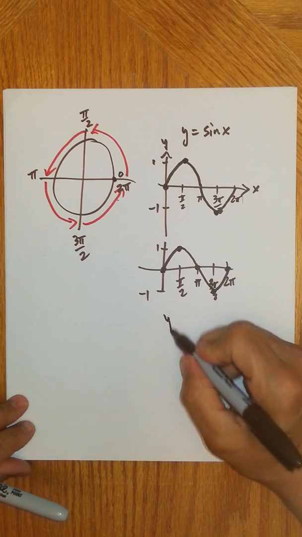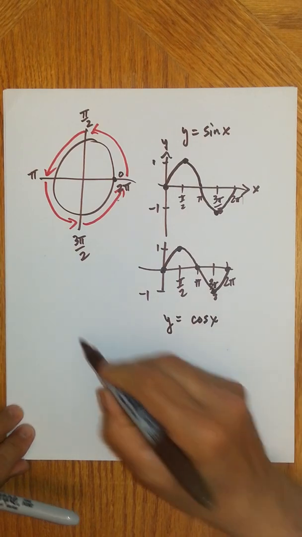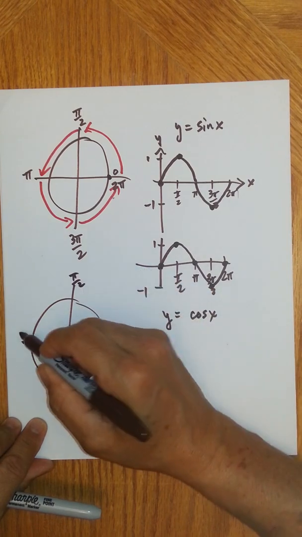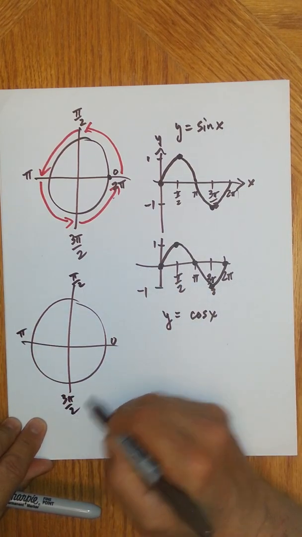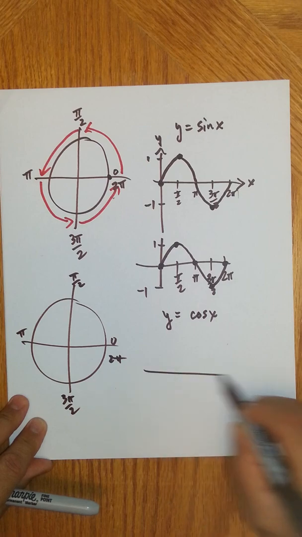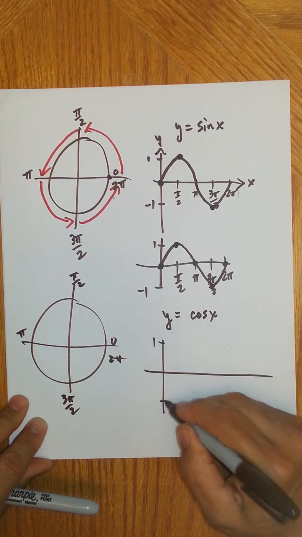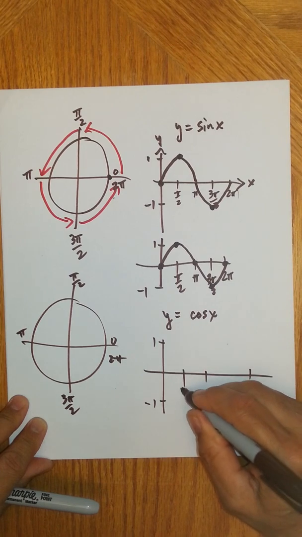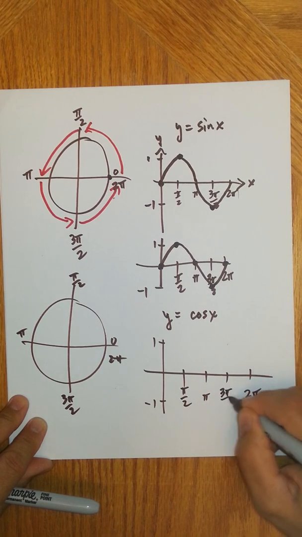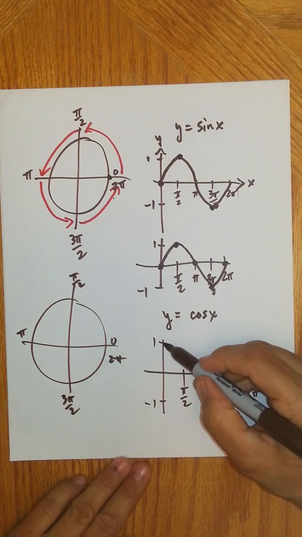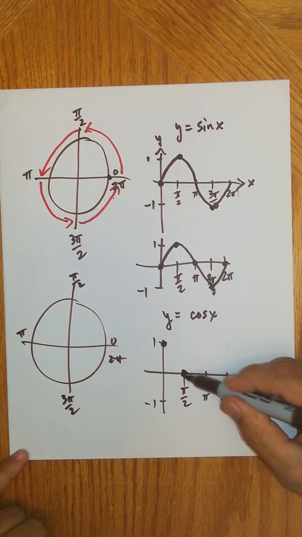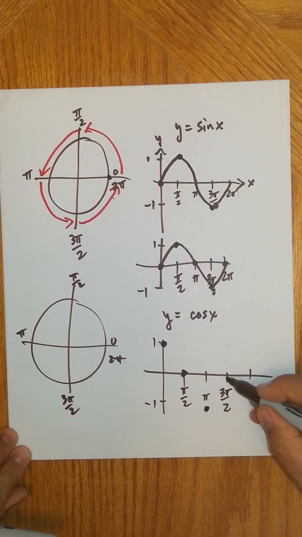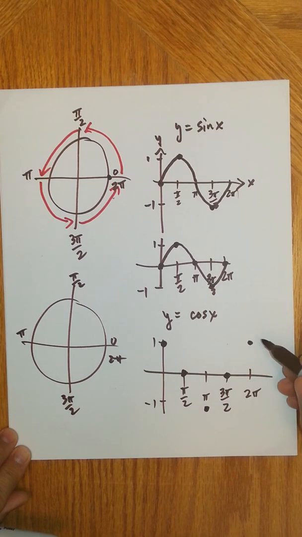And for cosine, as I go from 0 to pi over 2, and then to pi, to 3 pi over 2, and to 2 pi, I know that I start out at a max, then I go to the 0, then I go to a min, then I go back to a 0, and then I go back to a max, right?